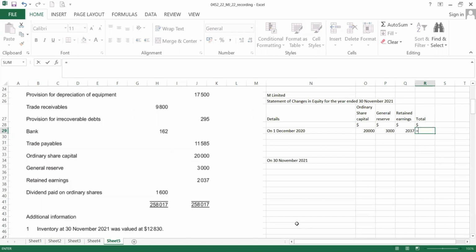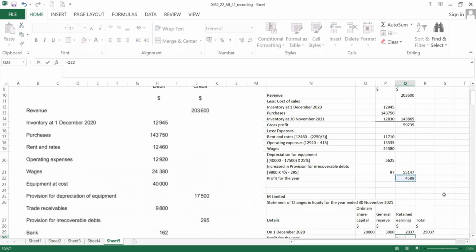Okay, and here we have the profit for the year. Profit for the year is 45.